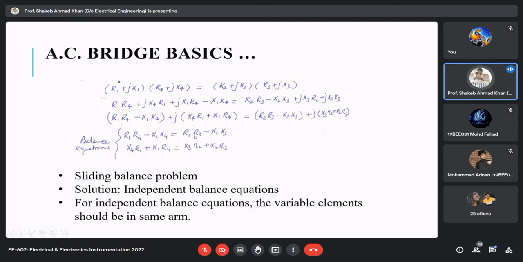You are trying to satisfy both equations simultaneously while varying r4 and x3, but sometimes one equation is getting satisfied, then the other. This particular problem is called the sliding balance problem. Because you are not able to satisfy both balance equations simultaneously, this causes the sliding balance problem, which is because of the dependent balance equations. Is it fine to all of you?